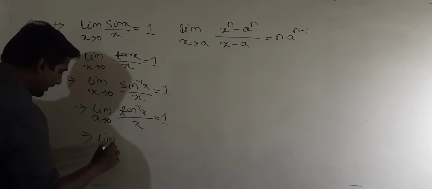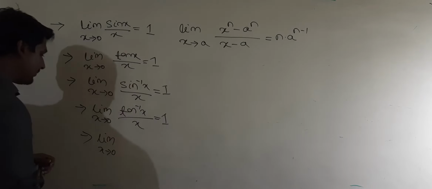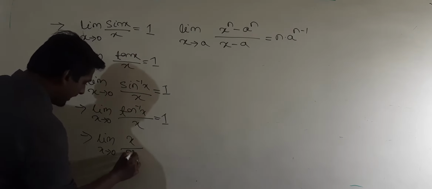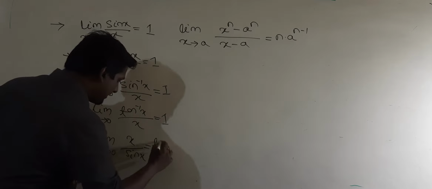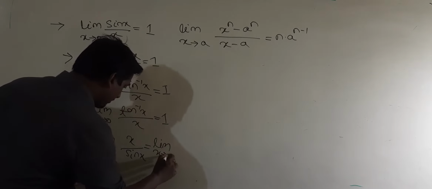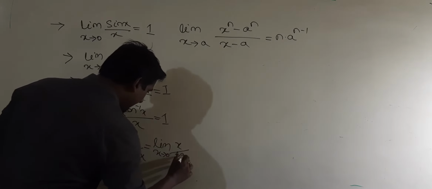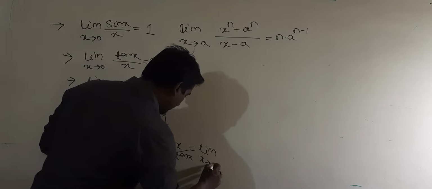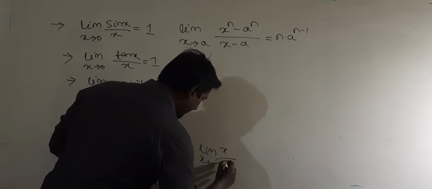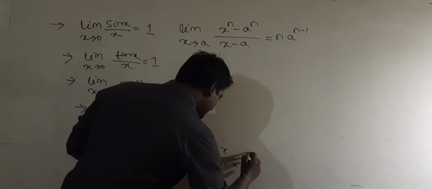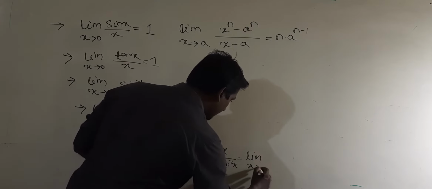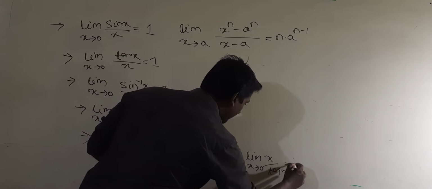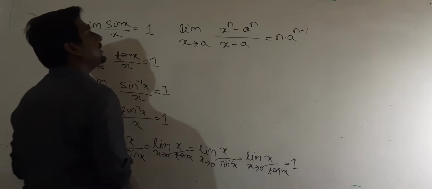In the same way, limit x tends to 0 tan inverse x by x is equal to 1. The next one is limit x tends to 0 x by sin x, which is the same as limit x tends to 0 x by tan x, which is the same as limit x tends to 0 x by sin inverse x, which is the same as limit x tends to 0 x by tan inverse x, and all the values will be equal to 1.